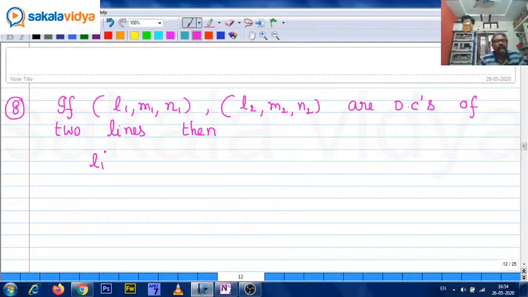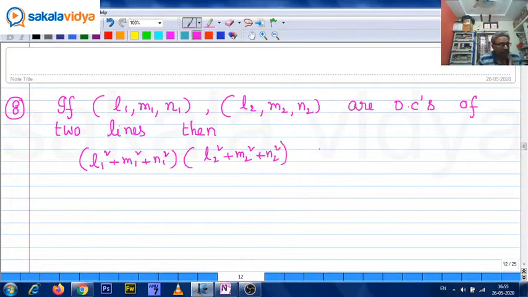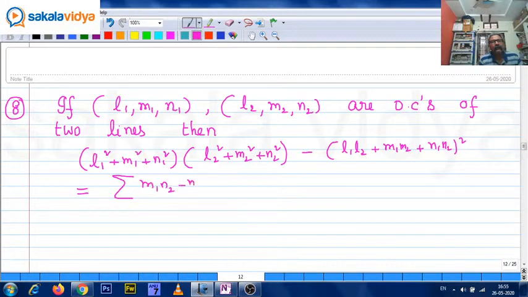What is the relation? (l1 square plus m1 square plus n1 square) multiplied by (l2 square plus m2 square plus n2 square) minus (l1 l2 plus m1 m2 plus n1 n2) whole square equals, we can write, sigma (m1 n2 minus m2 n1) whole square. This relation we have.